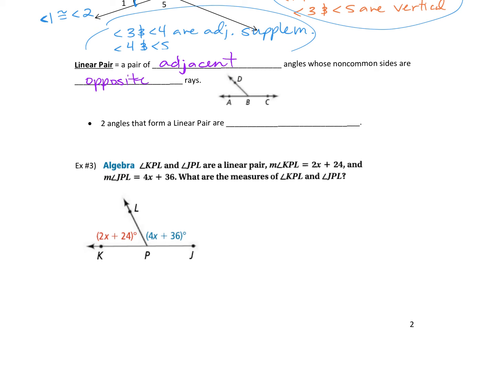That's just a fancy way of saying two angles next to each other that form a straight line. You have these two angles that form that straight line, so that would be considered a linear pair. Angle 1 and angle 2 are a linear pair.